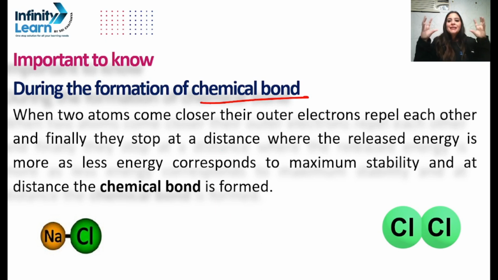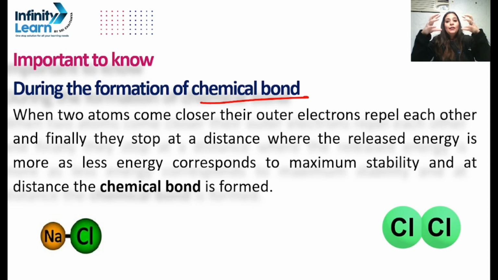For example, if I say these are two atoms, and they are approaching each other to form a bond. So what will happen? Both of them have electron clouds around, right? So when they come closer, obviously the electron of this atom will repel the electron of that atom, the reason being same charges repel each other. They tend to come closer and closer.